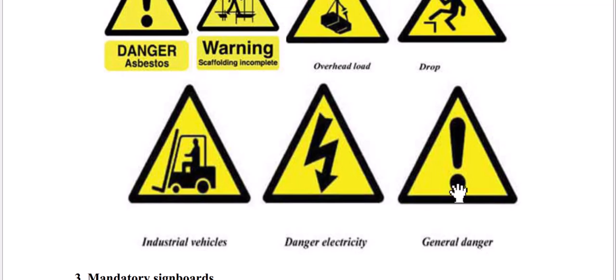In most cases, this sign is provided at the entrance. After this sign, other specific signs follow. We give you the general danger on the door when you're entering, and then inside you'll be told whether it is electricity danger or moving vehicles. But when you are entering, you have been told that you must be careful.